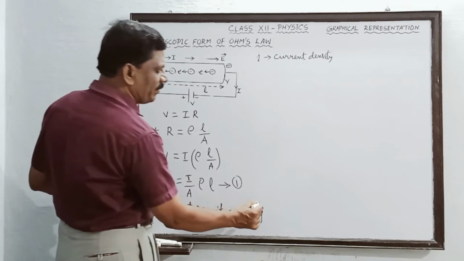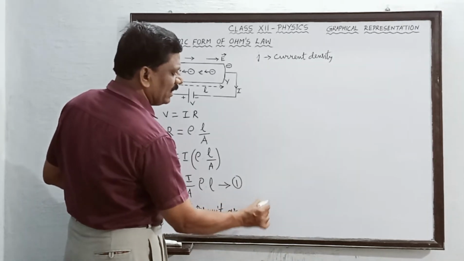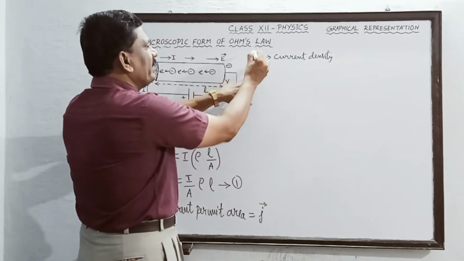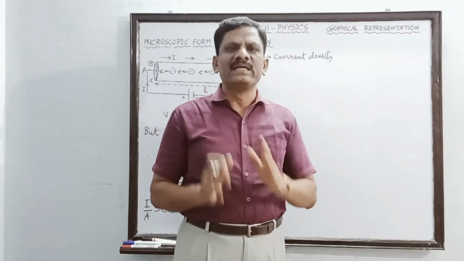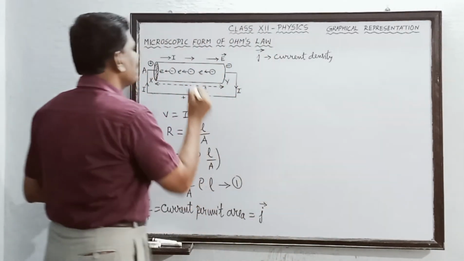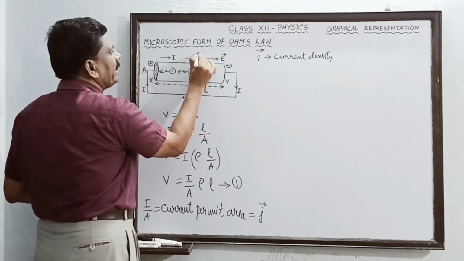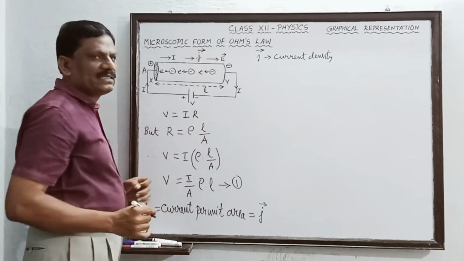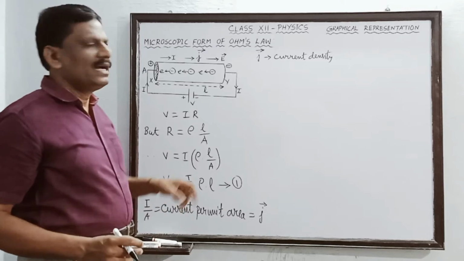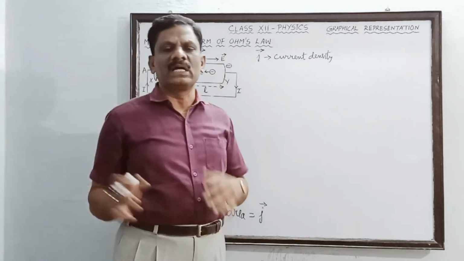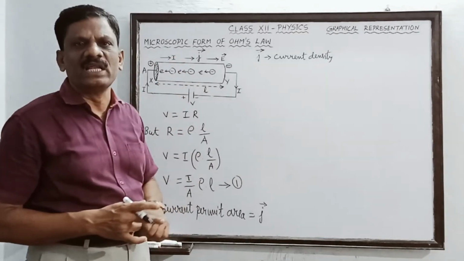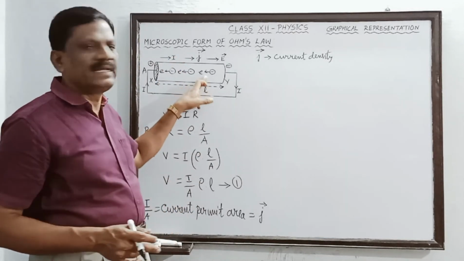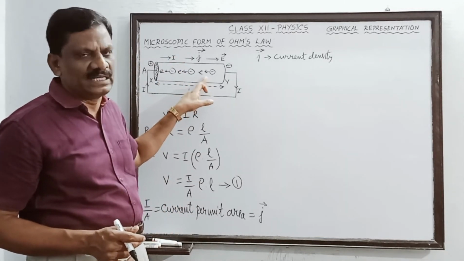So I can also represent this by a vector symbol, and this J vector is called current density, and its direction is along the direction of the electric field. The current density J and the electric field both are along the same direction, along the direction of the conventional current and opposite to the direction of the flow of the free electrons.